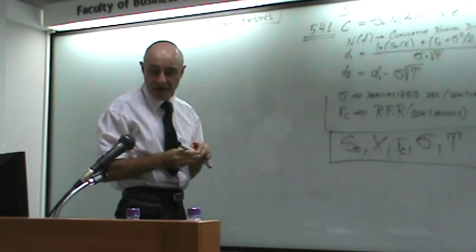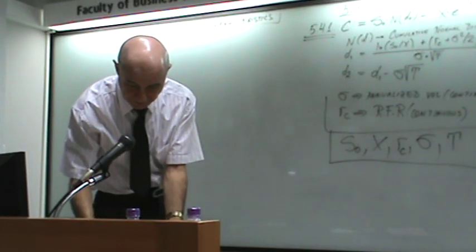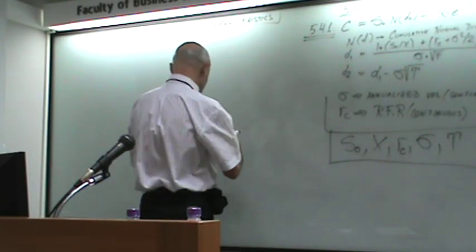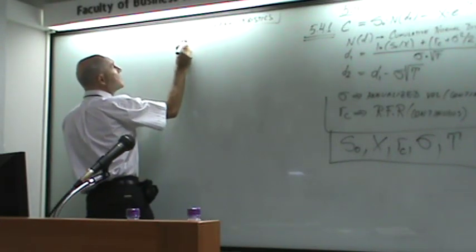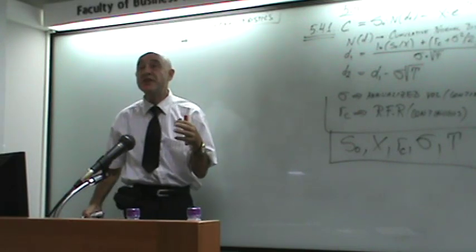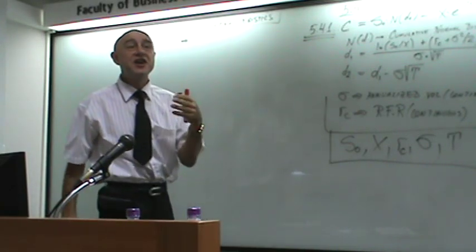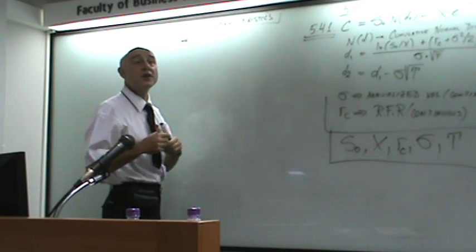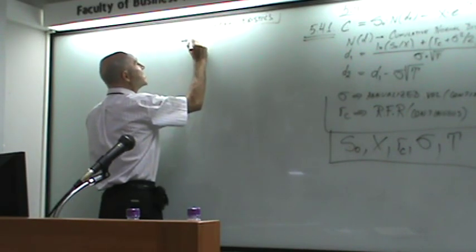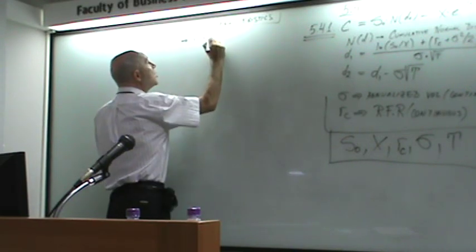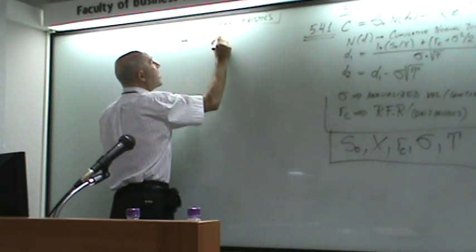So what are the characteristics? Well, the first characteristic of the formula is that there is no element for risk aversion. A different way of saying it is the formula uses what we discussed at the very beginning of the binomial model, risk neutrality.